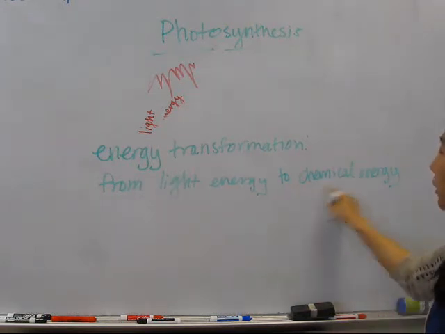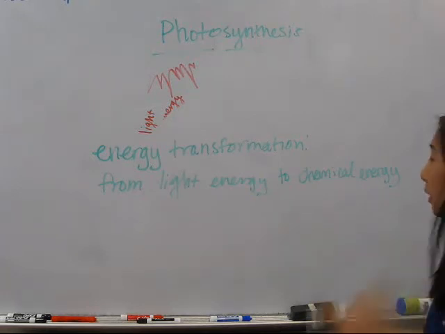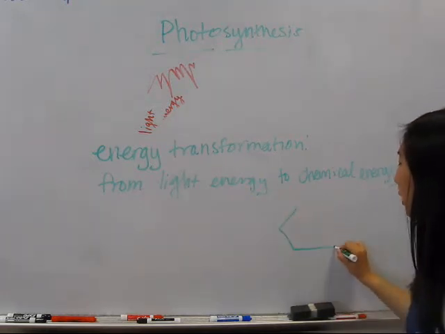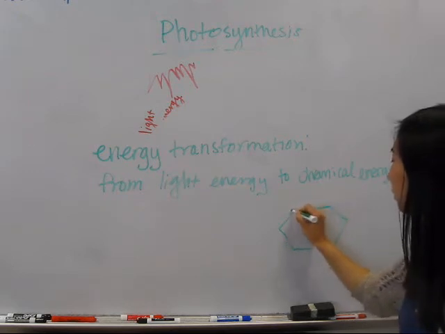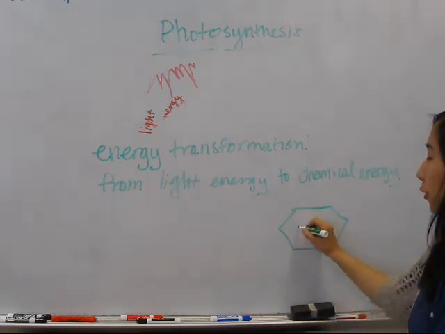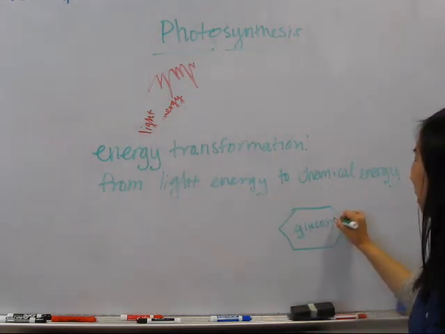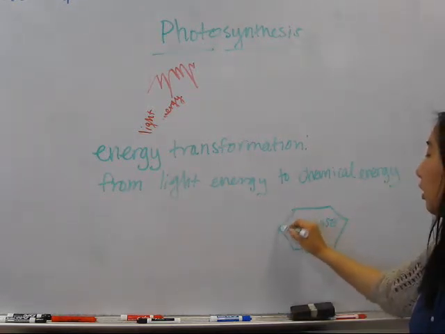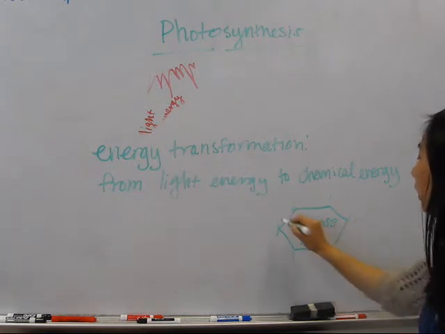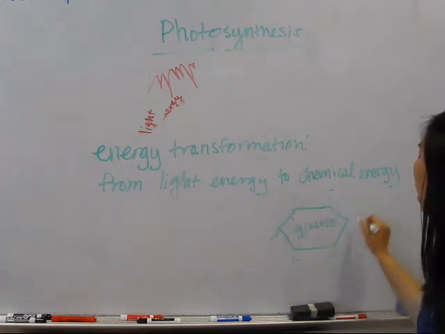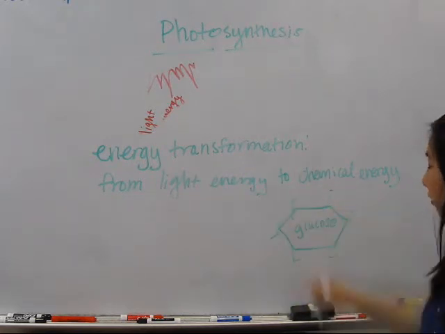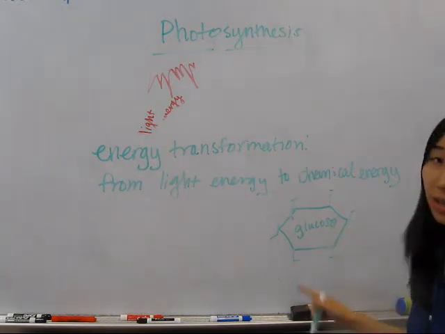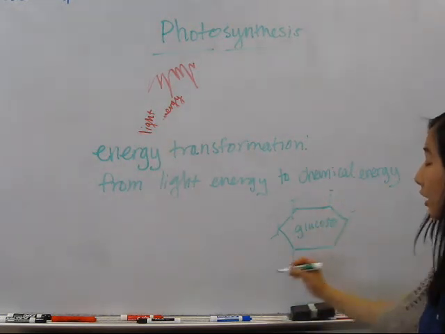And the reason why it's called chemical energy is because once you have formed glucose, this is a simple version of glucose, but really glucose should have a lot more bonds than this. It should have bonds here, here, here, here, here, here, here, here, here. Okay, these are all chemical bonds. There's lots of them in glucose. Each of these chemical bonds contains energy.